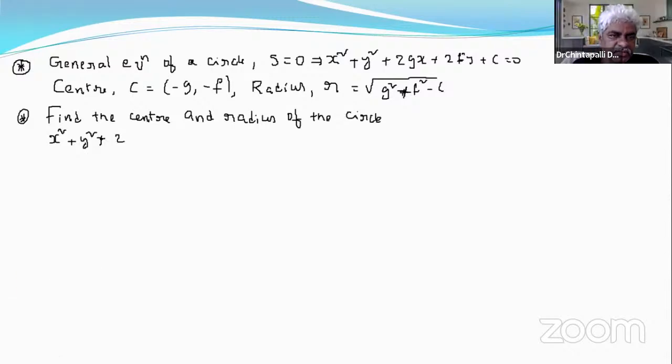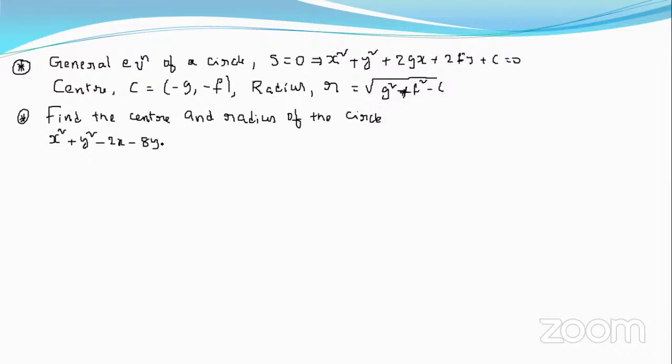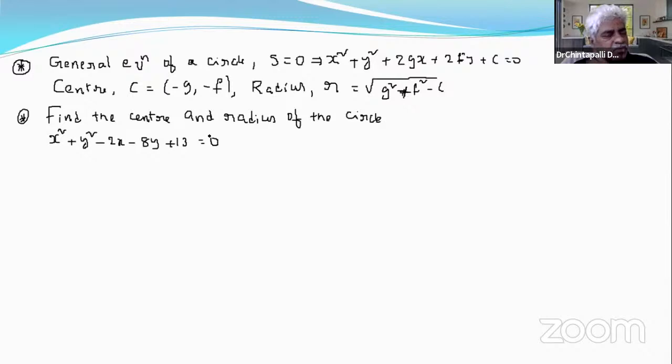It is minus 2x, minus 8y, plus 13. Yes, we should get the same answer. See, the solution.